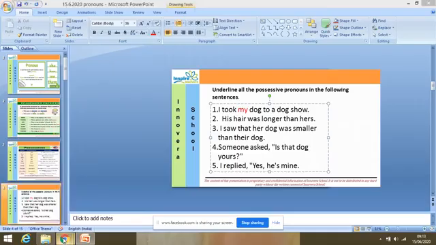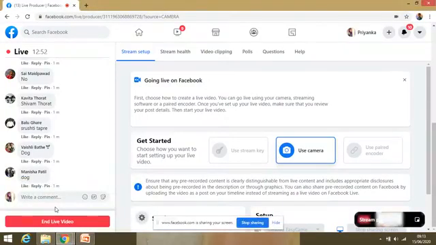Children, dog is a noun. My will be the possessive pronoun here. Who took the dog? I took. So here, my. I took my dog to a dog show. My is the possessive pronoun. Very good, Manali.